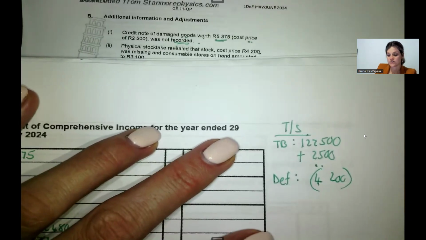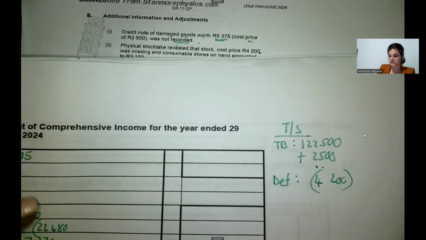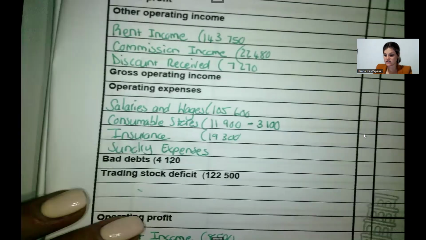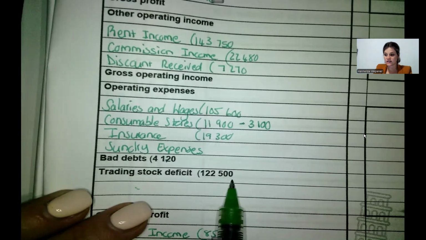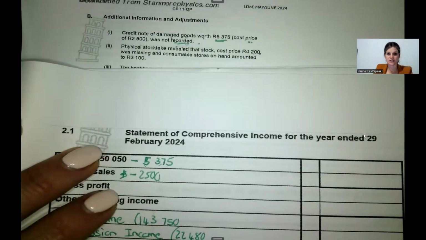So for now, I'm just going to leave that one there because I want to see if there's anything else on trading stock, because I now know that they said my trading stock was 122,500, but now they are telling me that it's actually only 4,200.